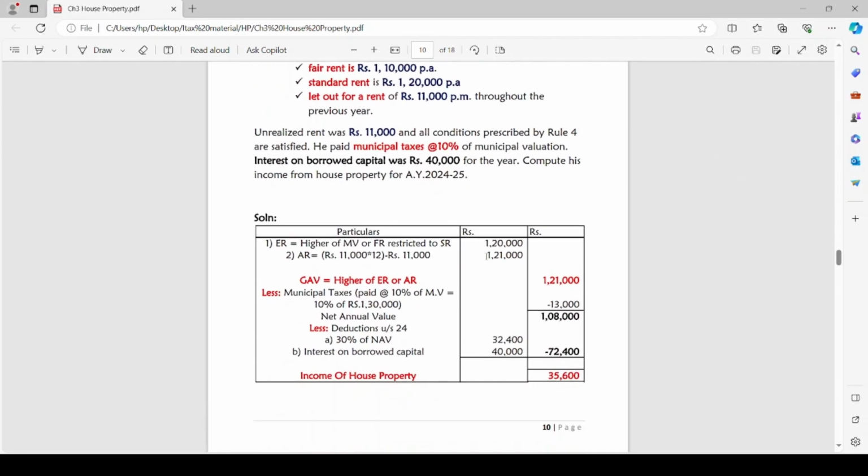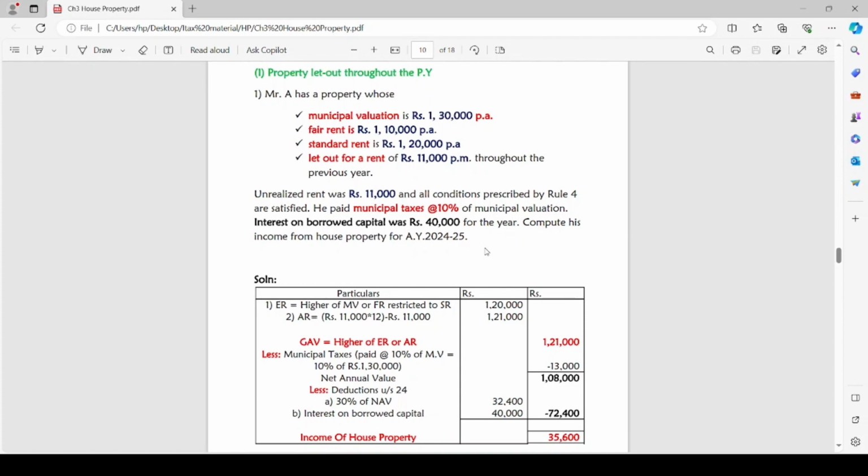Heading to the solution. We know that while computing gross annual value, the first step in computation of income from house property, we take the value which is higher of municipal valuation or fair rental value, but such value will be restricted to standard rent. It is called expected rent. Here, the municipal valuation is rupees 1,30,000 per annum and fair rent is rupees 1,10,000 per annum.